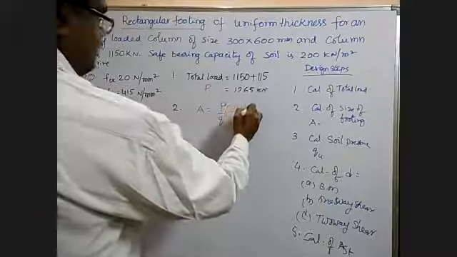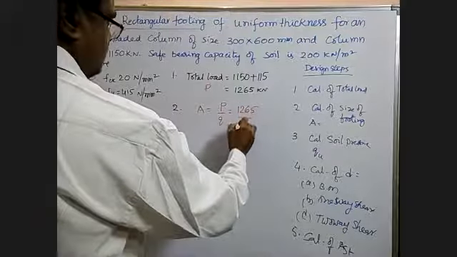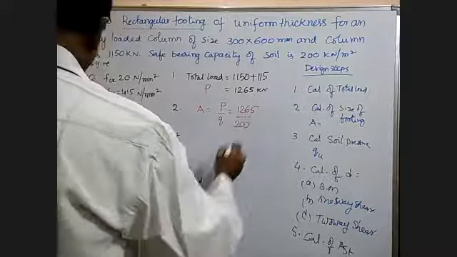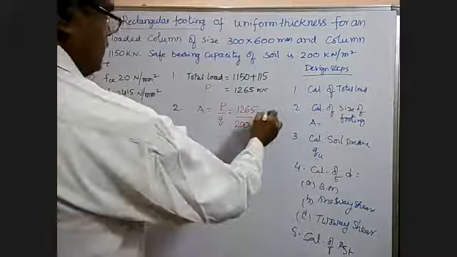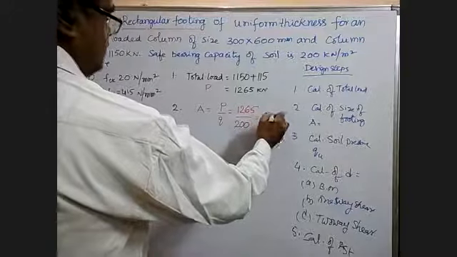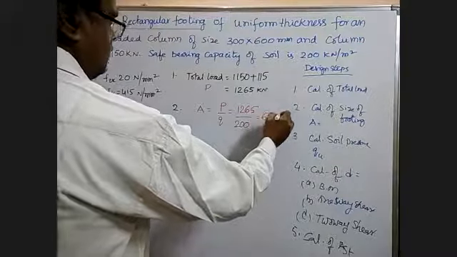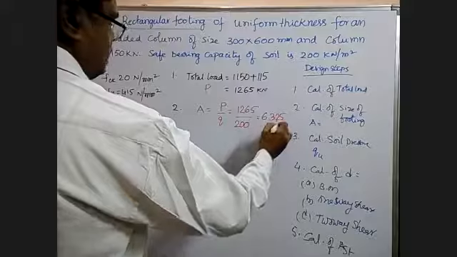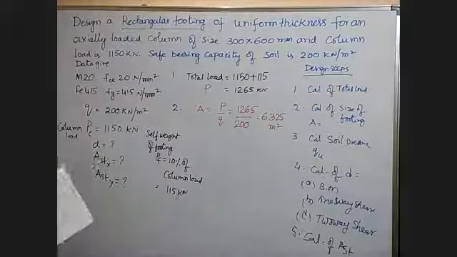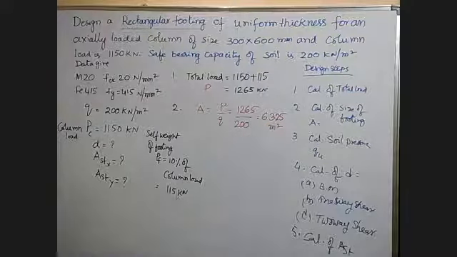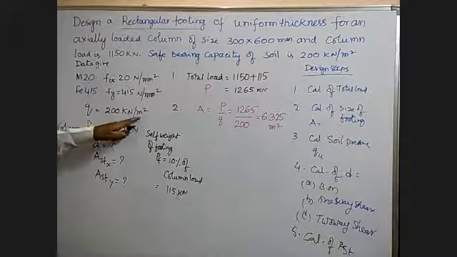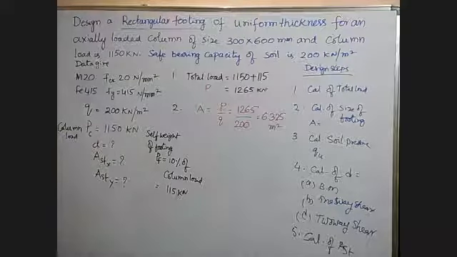So 1265 by 200 comes to 6.325 meter square. So this is the area in meter square. Now, the important thing here is how to select the rectangular footing.